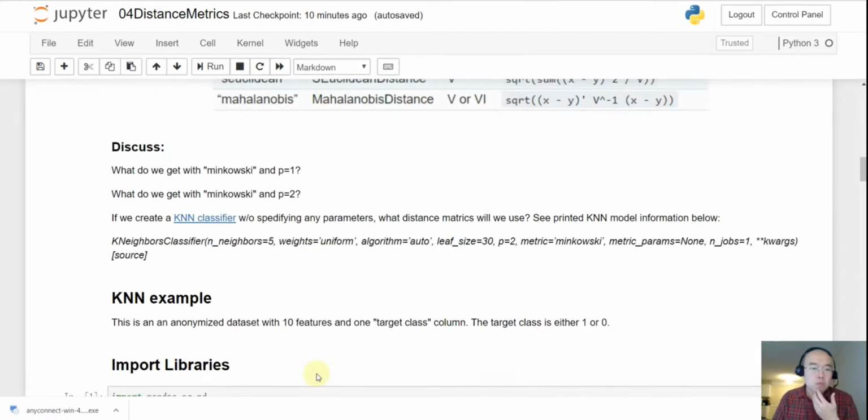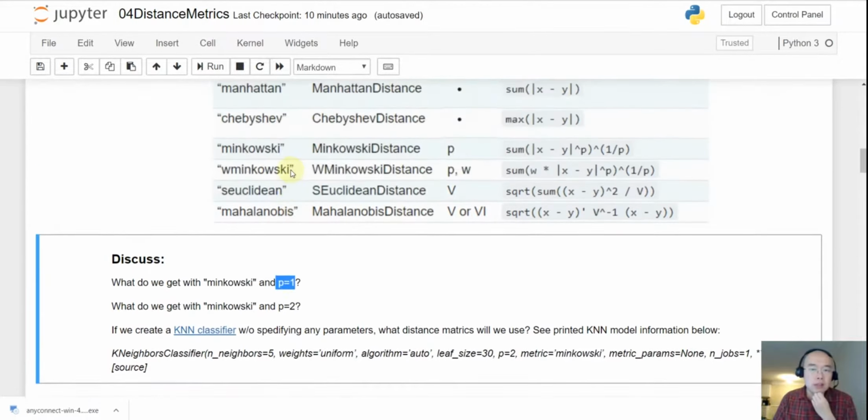So here is some discussion. If we are doing Minkowski with the p-value as 1, then x minus y is raised to the power of 1, and for the root, it will be 1 divided by p, which is 1 again. So Minkowski with degree 1, what is it?